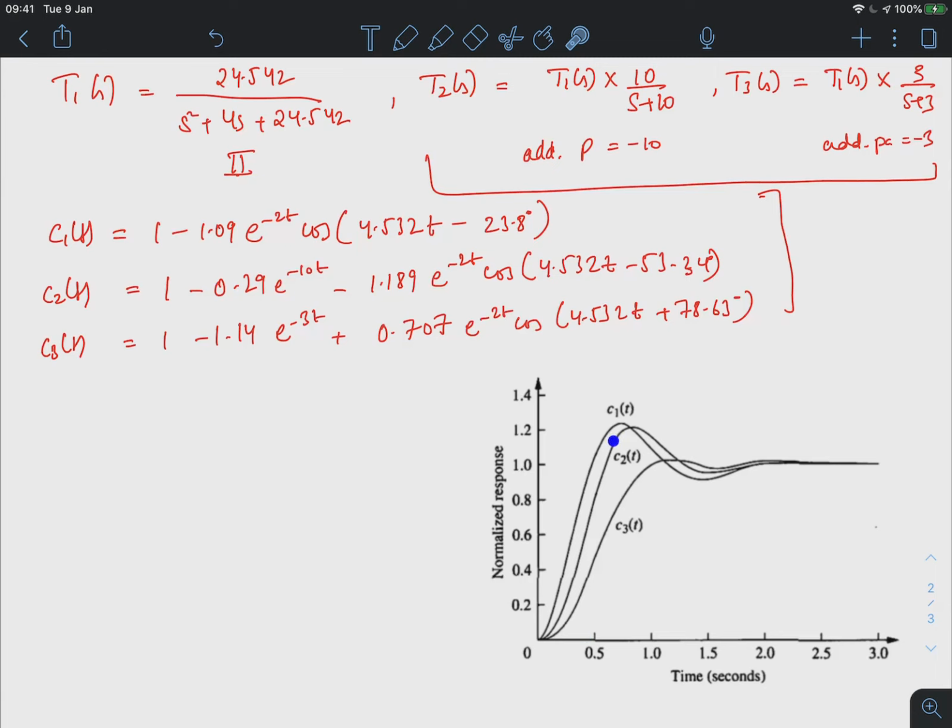C1 is the response of a pure second order system and C2 is the response of a third order system in which there is an additional pole located at minus 10. So you see the peak time and the maximum overshoot is almost equal. Okay, but for C3 it is much different from that of C1.